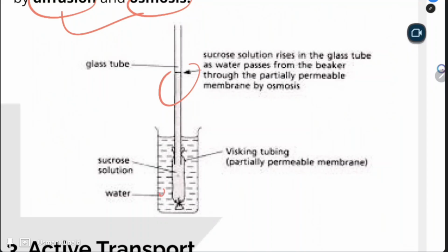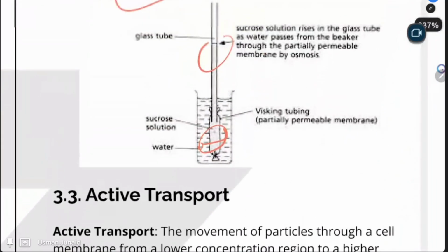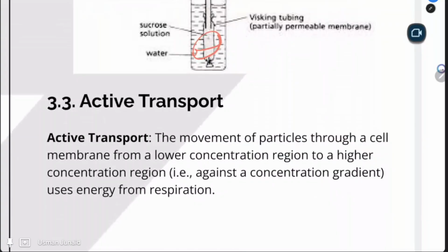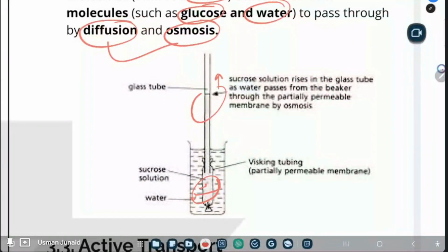This is water outside, and this is your dialysis tubing, which is partially permeable. So what you'll see is the level of water will increase or decrease accordingly. Water moves into the dialysis tubing, which will make the level of this rise.